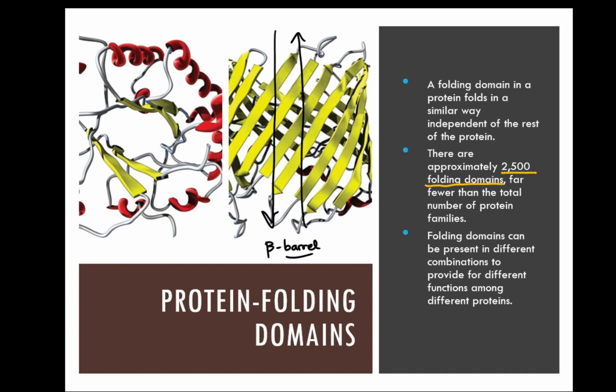Just because you have one protein doesn't mean you can't have many different folding domains within the same protein. Some proteins are very large, so you have a lot of room for a lot of different things to form. We haven't talked about dehydrogenases yet, but we'll talk about those when we talk about energy production and respiration.